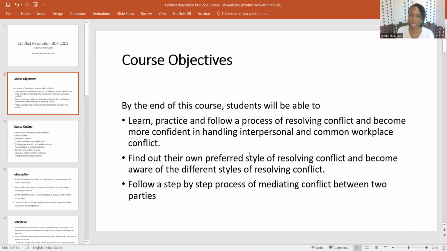You'll also be able to find out your preferred style of resolving conflict, because you'll have become more aware of the different styles of resolving conflict. And hopefully by the end of this course unit, you'll be able to follow a step-by-step process of mediating conflict between two parties. Mediating, you're coming in as a facilitator to help two other parties to resolve their conflict.